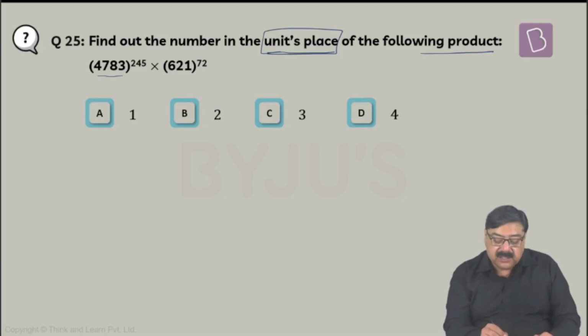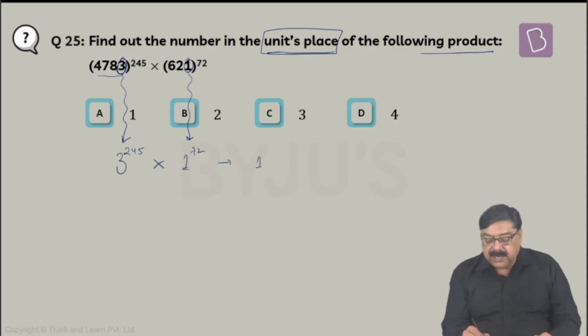So what we will do is, we will select the numbers in the units place. So here basically we want 3 raised to 245 and here we want the number in the units place for 1 raised to 72, and the product of these two. Now we know that 1 raised to n will always give us 1. So here we will definitely get 1.